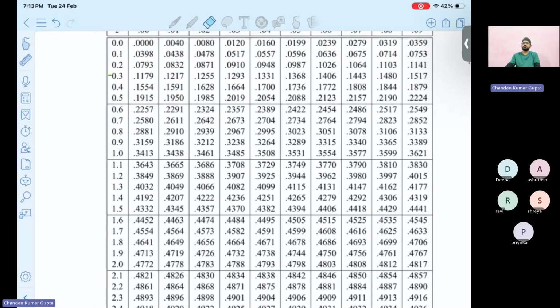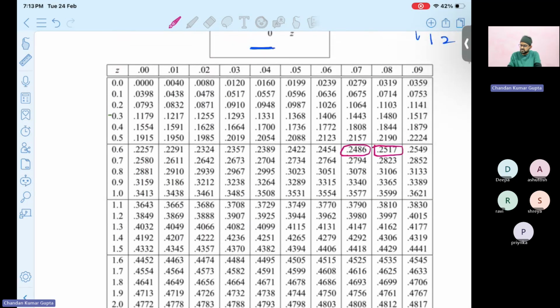We need to check the value whose probability is 0.25, or nearly 0.25. It is either this or this, and any value we can consider.